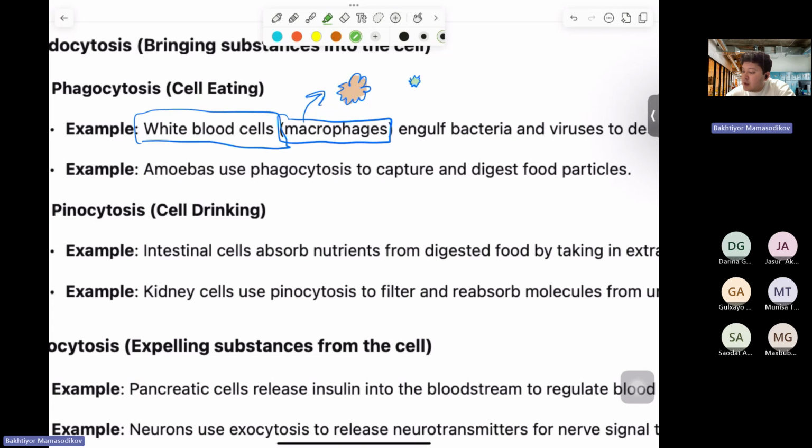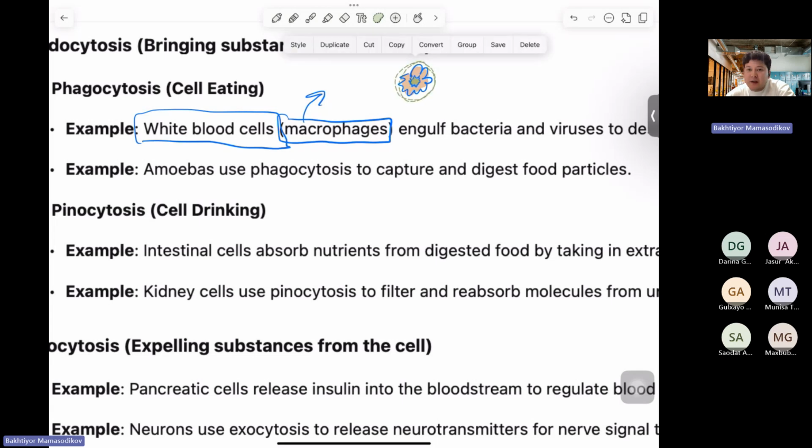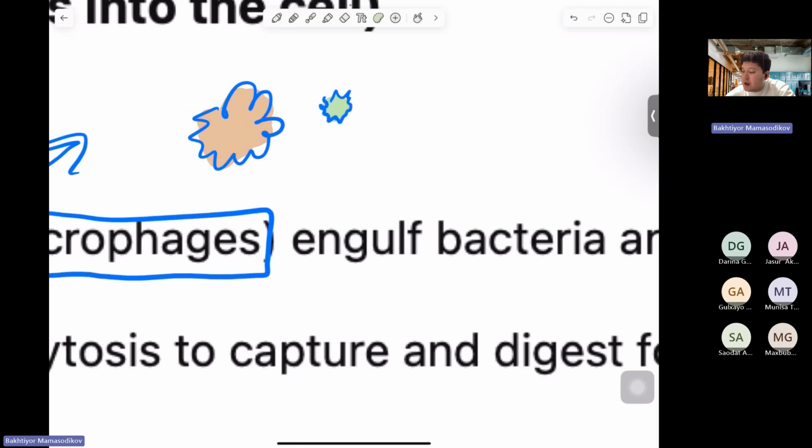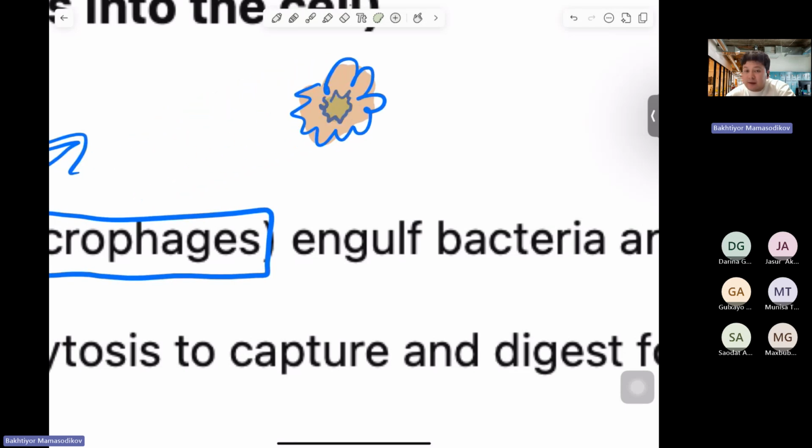This macrophage, this is your white blood cell. The white blood cell is going to come and engulf that bacteria. It's going to eat that bacteria. This macrophage comes and eats this bacteria, your white blood cell.